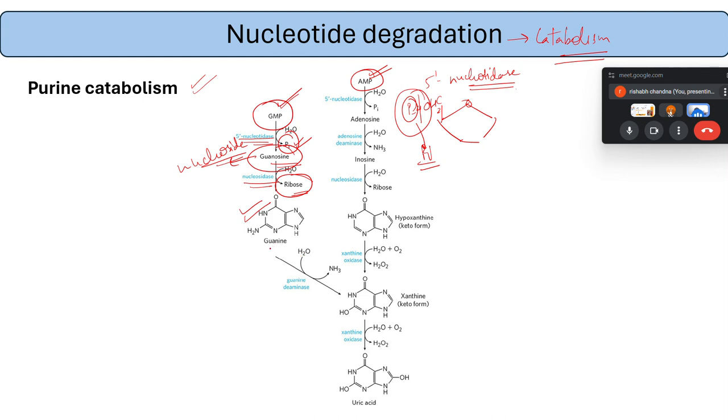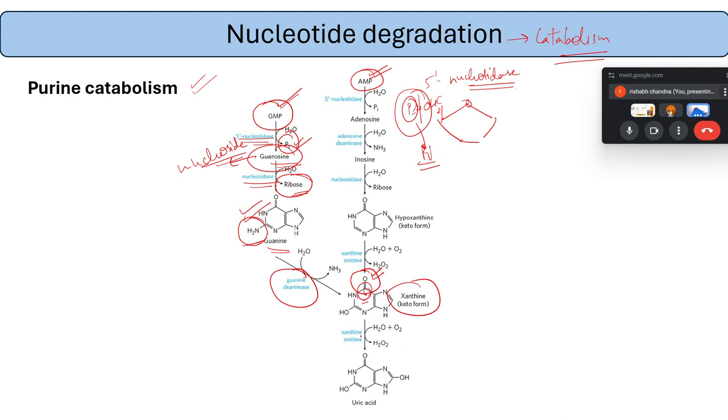Now after this guanine is formed, then the amino group, that is this particular group, is removed using guanine deaminase, leading to the formation of xanthine, that is the keto form, because of this particular keto group. Okay, so this is the sixth carbon of guanine.